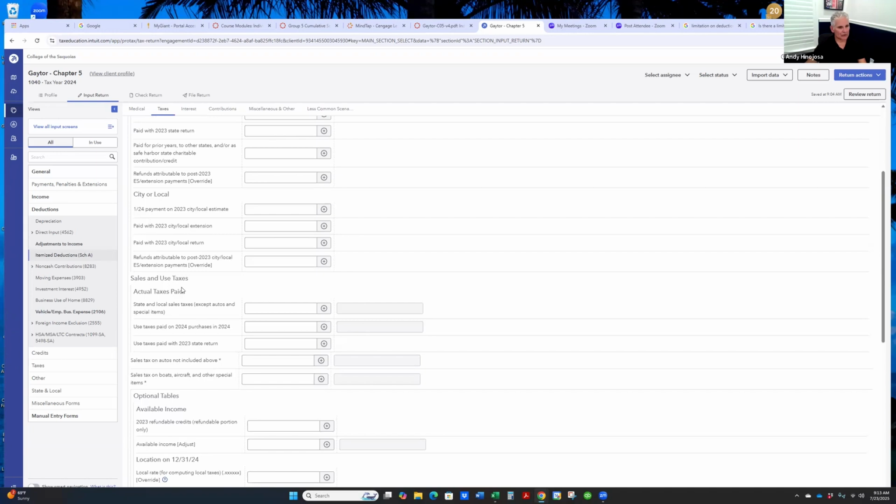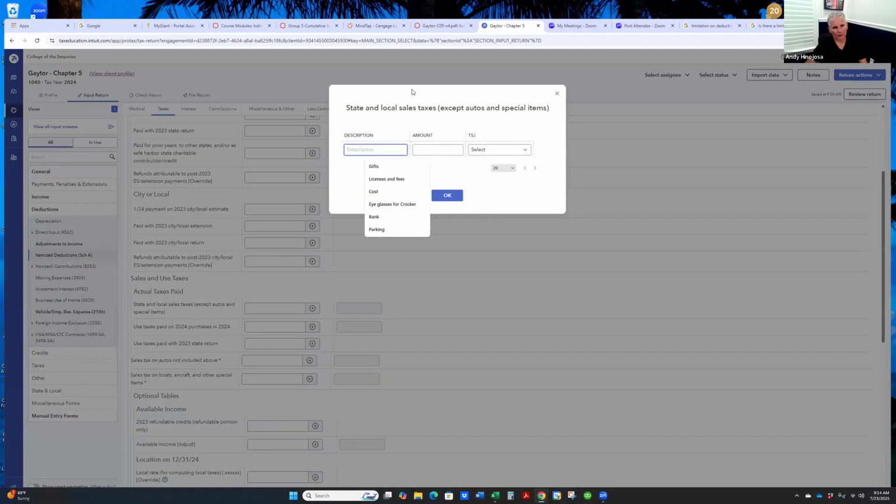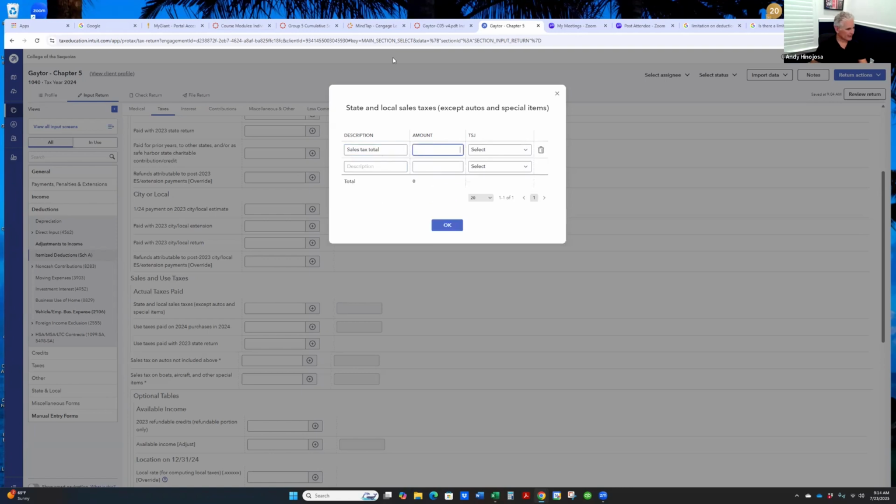The next section, sales and use tax, actual amount paid, except for autos. Well, we can do this a couple of ways. Let's go ahead and list the total as it's listed. Sales tax total. They gave us $3,750.